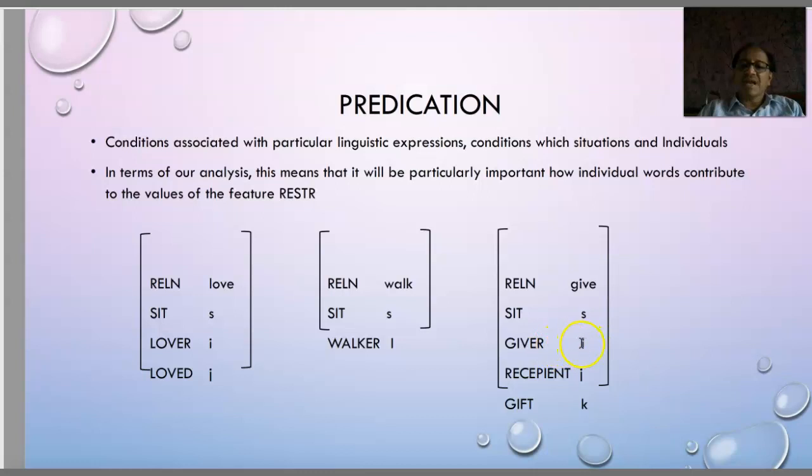The relationship between I and J is that I is the giver and J is the recipient, and I gives K to J. That is the predication which we have. This is in relation to verbs which create a predicate, right? How about non-verbs?